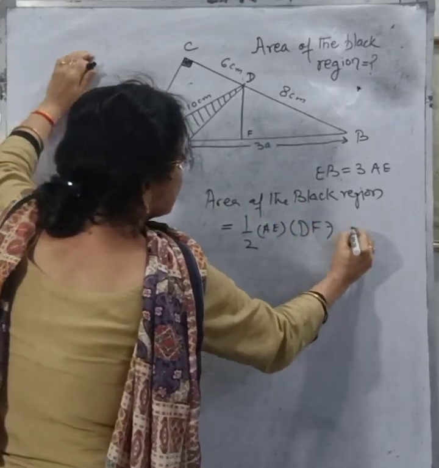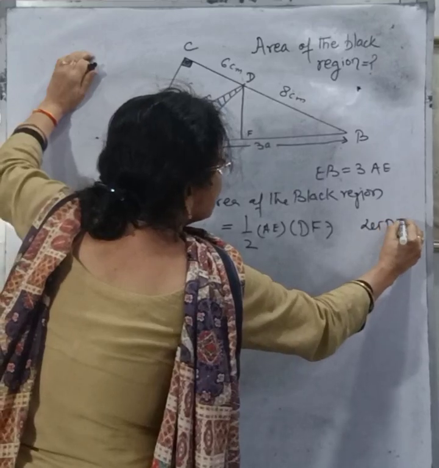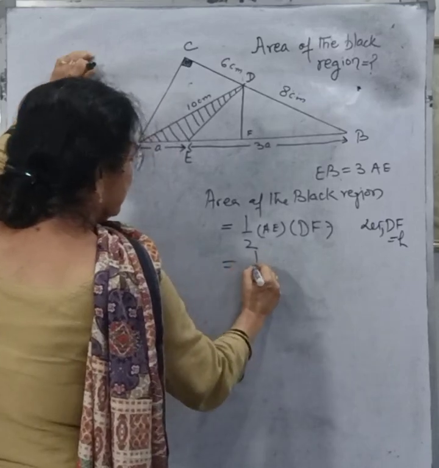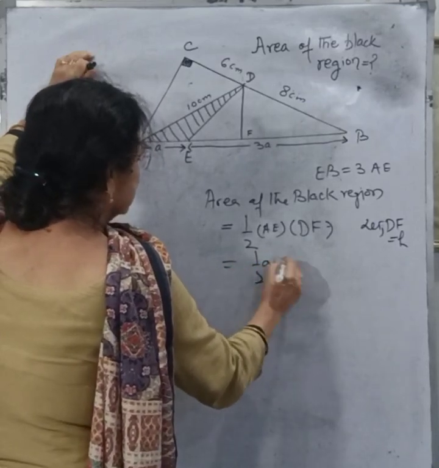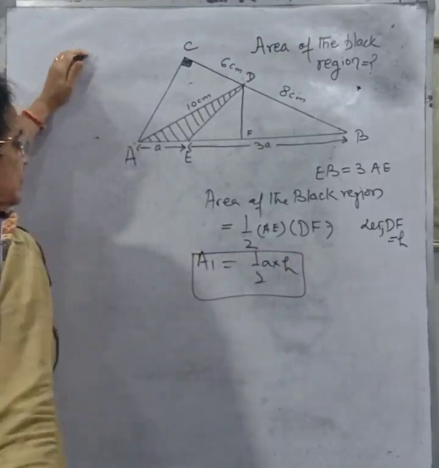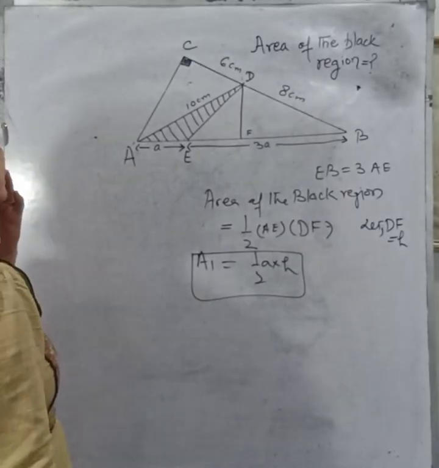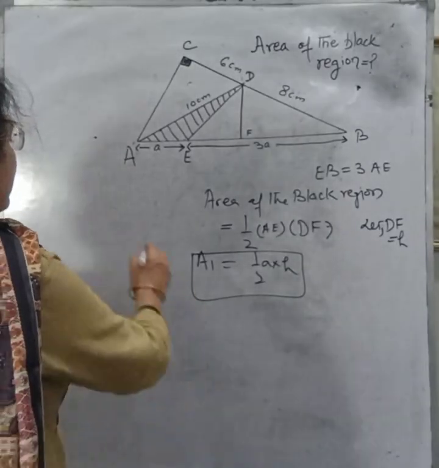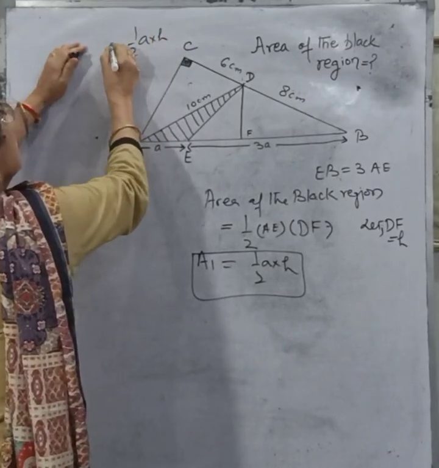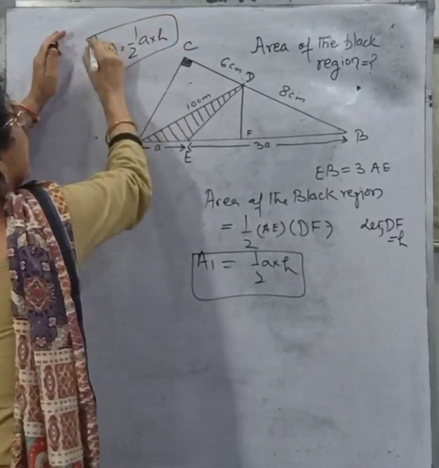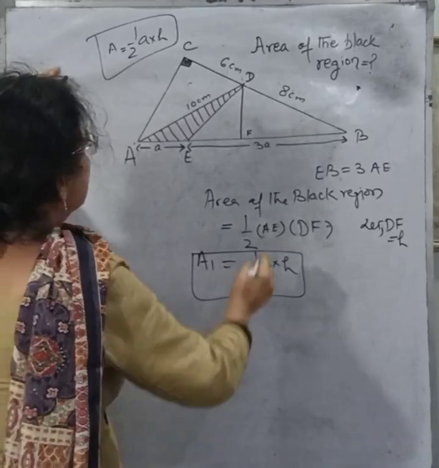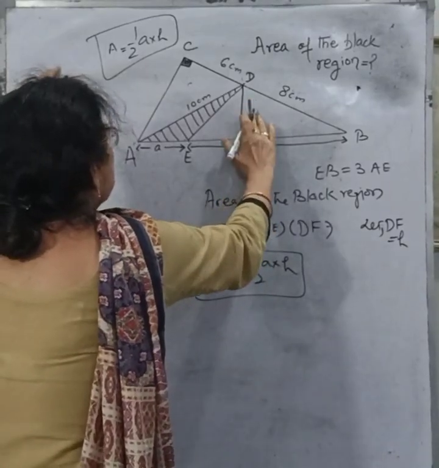Let us suppose that DF is equal to H. So we can write it as 1/2 A into H. Our aim is to find 1/2 A into H. Now this is H as we assume.